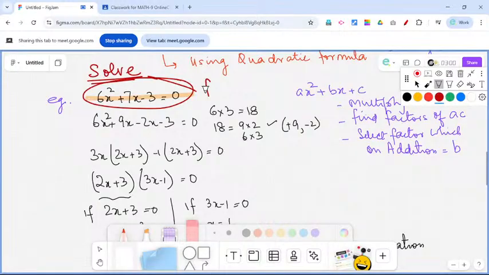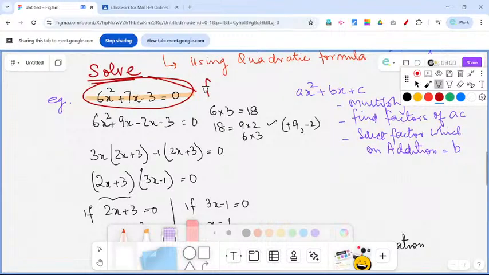We first used the splitting method, then we found the factors, उन factors को we equated to 0, and then factors का meaning ये, they will be multiplying each other, so we get two solutions because there are two factors. If this is 0, then the solution is -3 upon 2. If this is 0, then solution is 1 upon 3. That means for this equation we have two solutions.